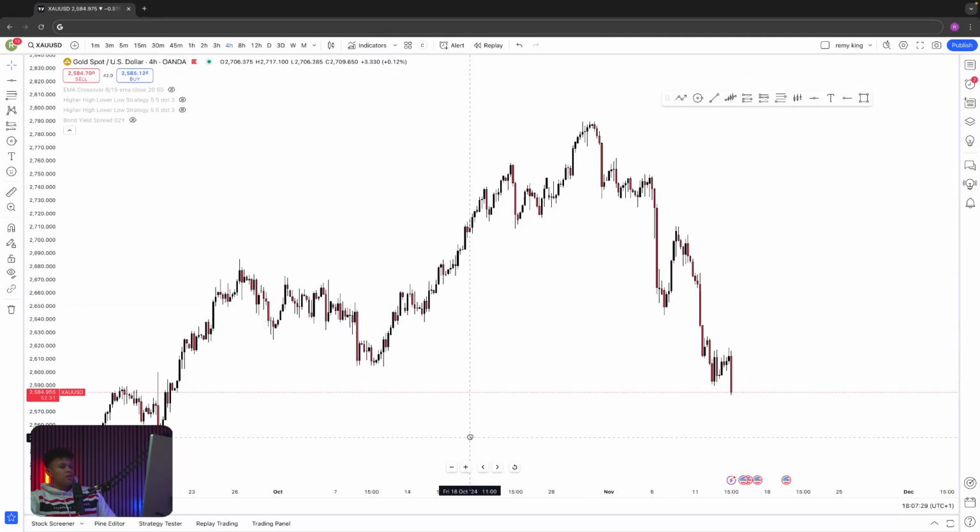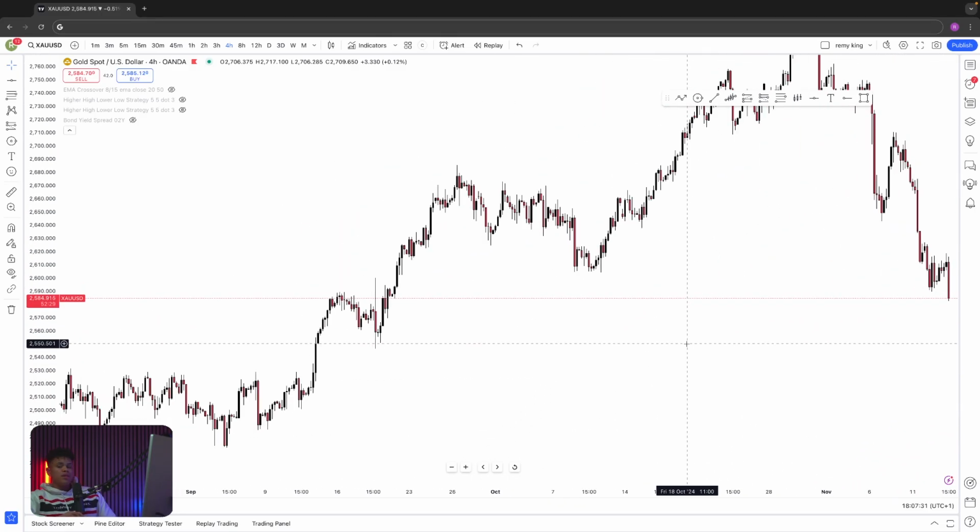Okay, so now having a look at the charts, what we need to understand is that, first of all, this support and resistance strategy works for every single forex pair, for every commodity, and literally everything you want to trade on the market, right? And the number one most important thing is that I like to use this concept off of the 4-hour time frame.